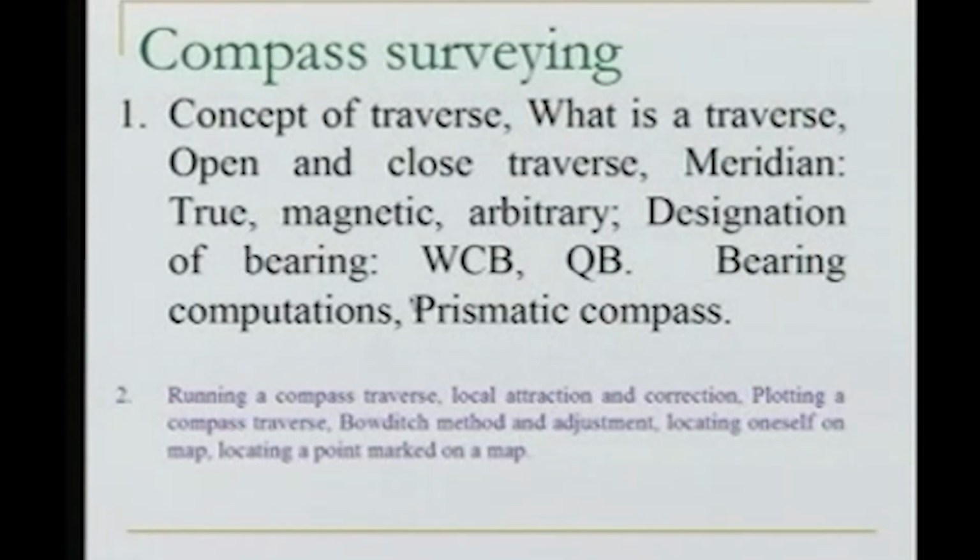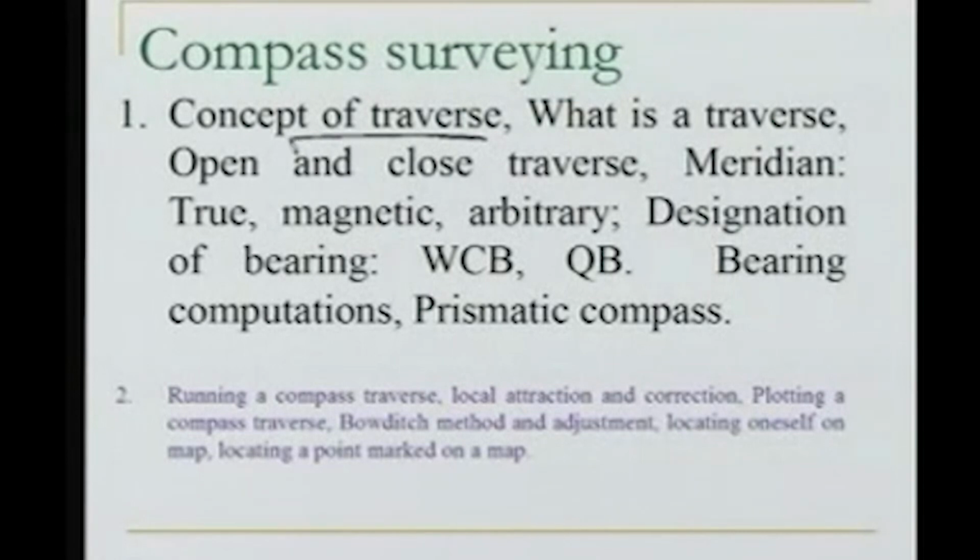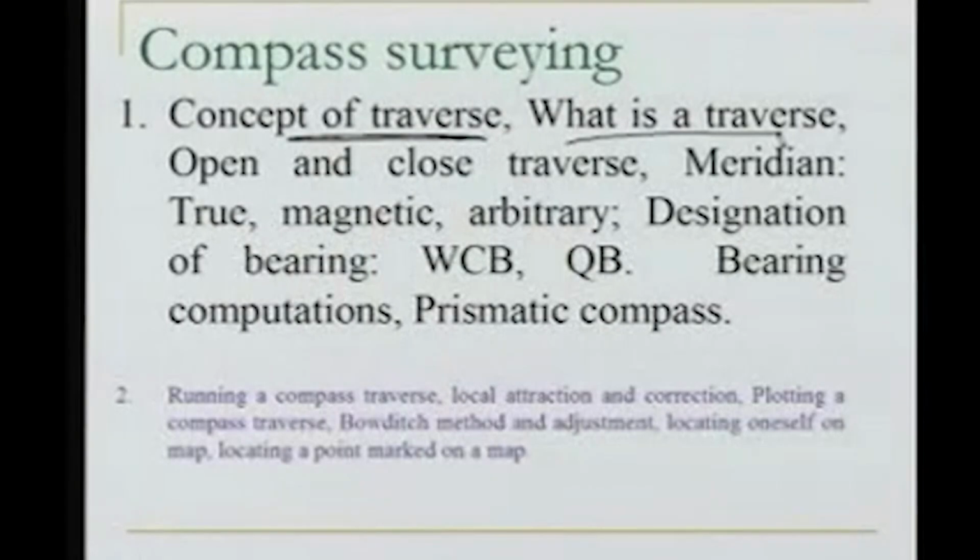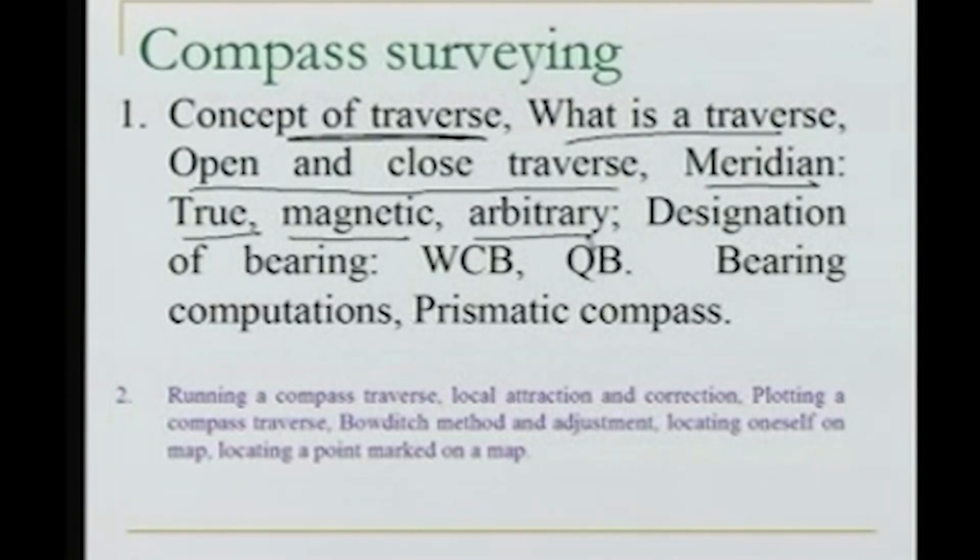In compass surveying, before we go further to the compass, we will see the concept of traverse. Once we start talking about this, then things will become more clear to us. What is a traverse? Some definitions of open and closed traverse. We will look into the meridian, which could be true, magnetic, or arbitrary. We will look into how we designate the bearing.